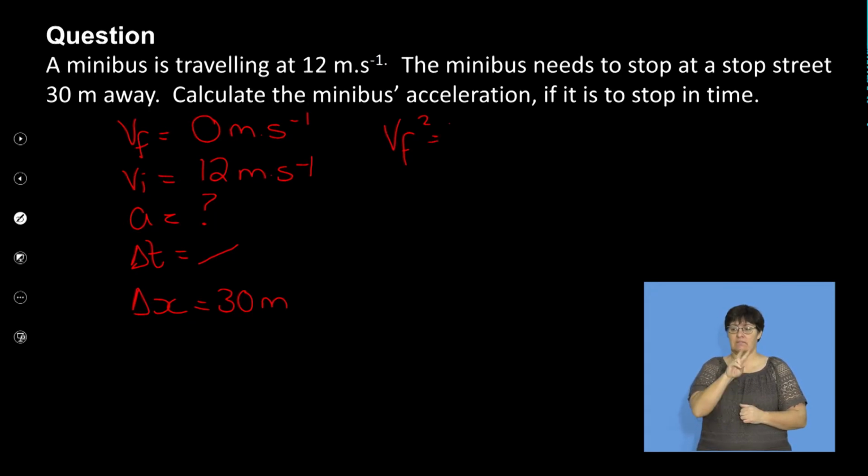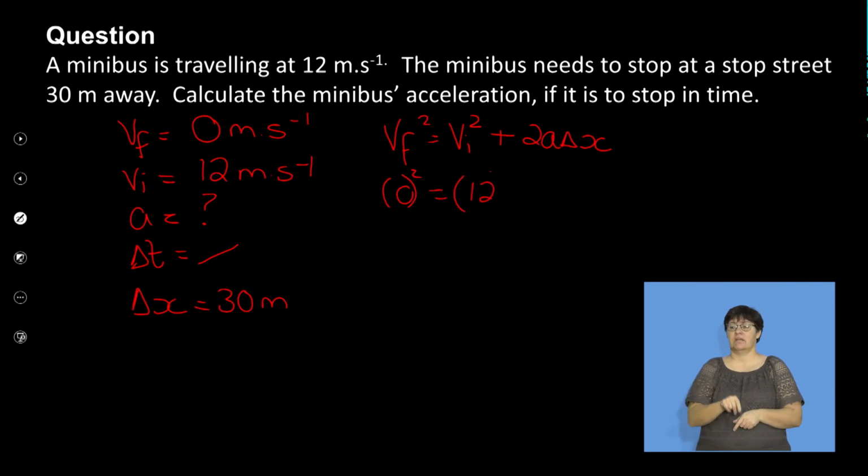VF squared equals VI squared plus 2A delta x. VF is 0, VI is 12, plus 2 times A times 30.